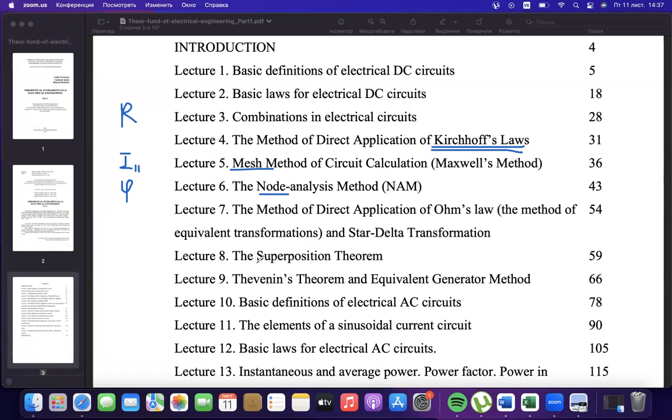Also, we add to them the superposition theorem, which could be said to be method number 3, but generally the first two are used when we want to calculate everything, all currents, all voltages, all powers inside the system. But the superposition theorem is mostly an additional method to divide different types of signals into different calculations, or to transform something complex into some simple parts.